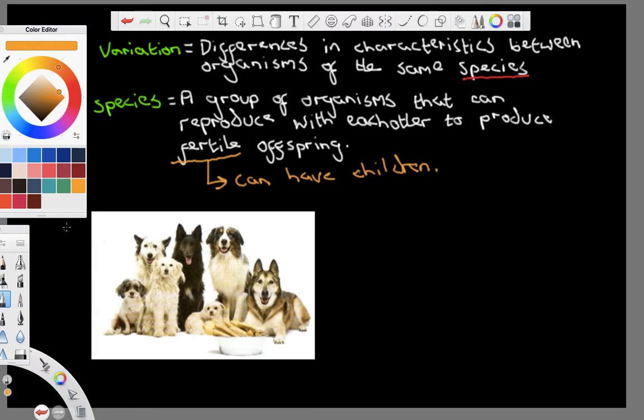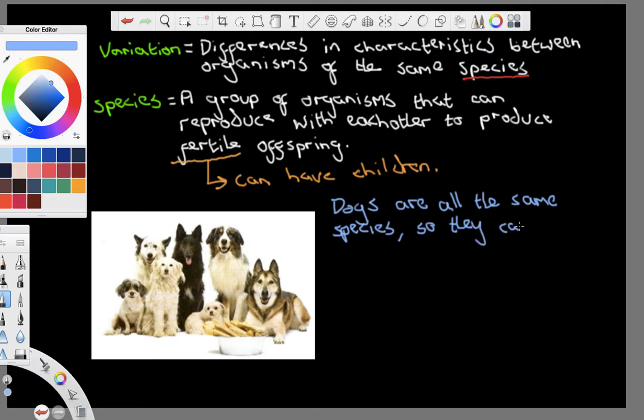So we can write down that dogs are all the same species, so they can all reproduce with each other to produce fertile offspring.